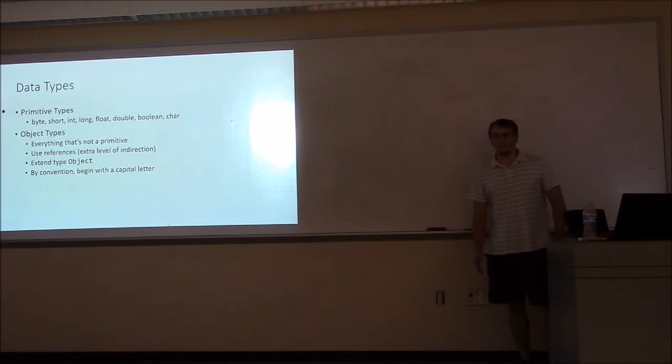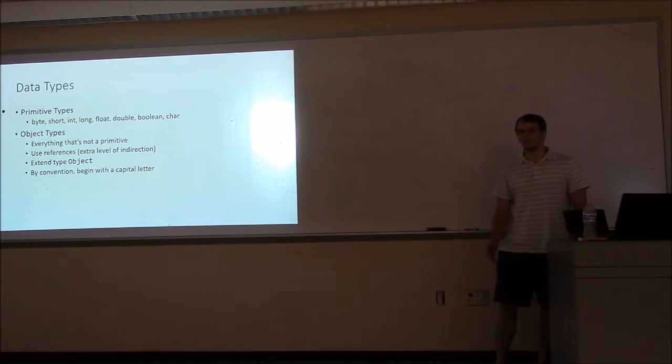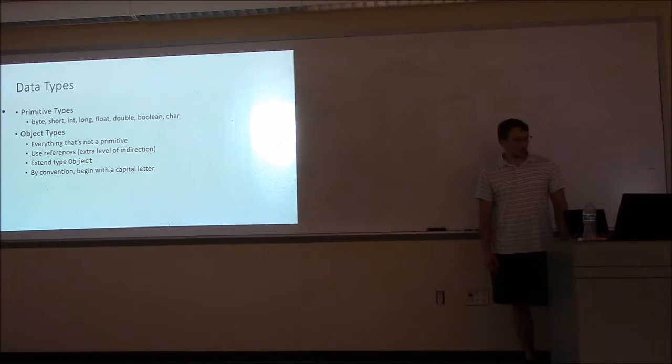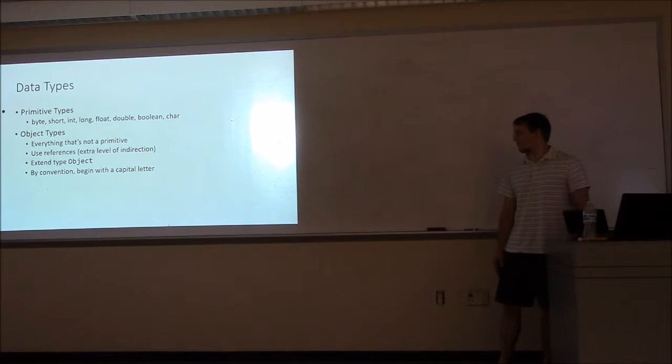So if you have a variable that's referring to an object, then it's actually pointing to a location in the heap where that object is stored, rather than to the object itself. Object types all extend the class object, and by convention, they begin with a capital letter.